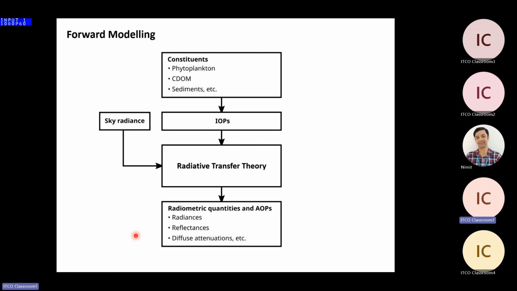What we're interested in remote sensing is reflectances, other radiometric quantities, and properties derived from those, as David was talking about. What links these together is radiative transfer theory and what we have referred to as the boundary conditions, which is in essence the sky radiance input. So you've got the sky radiance and the optical properties of the materials. Something happens with all of that, and then you have radiometric quantities you can measure, the AOPs, which you would derive from that as well. So radiative transfer theory is the thing that links these two.